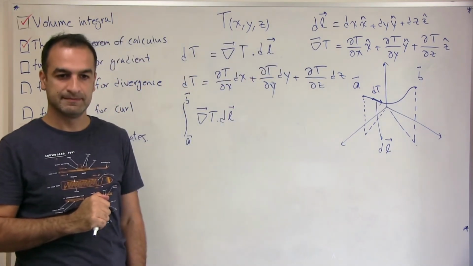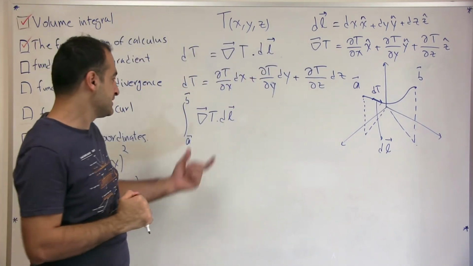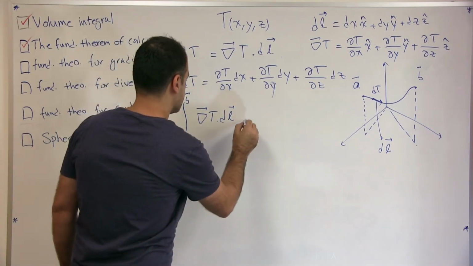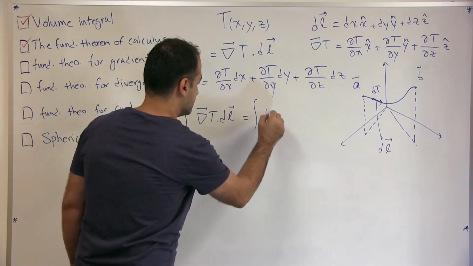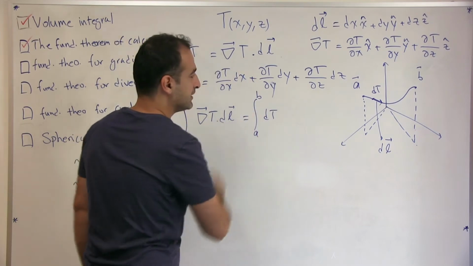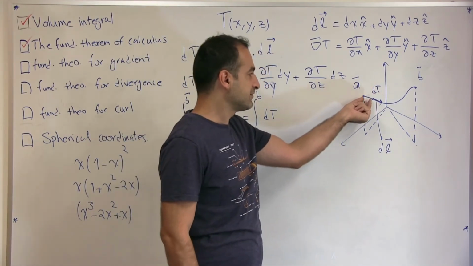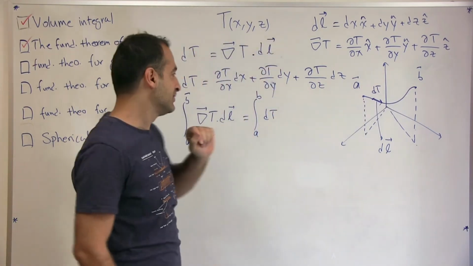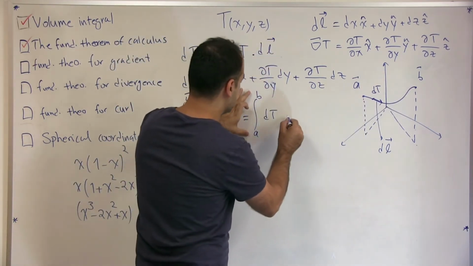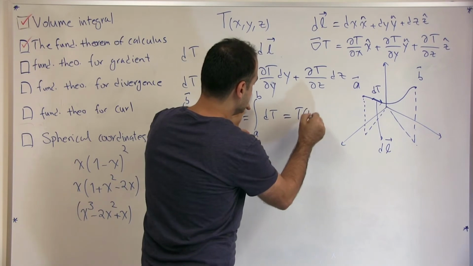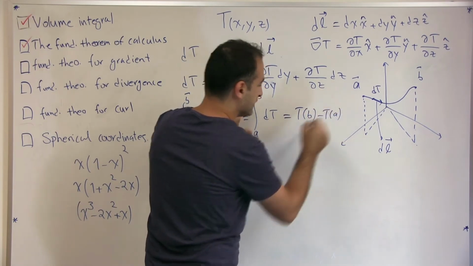Sounds good? So this integral is the same as the integral of dT from A to B. If you are making all these small dT changes from beginning to end, the result of this integral should be T(B) minus T(A).